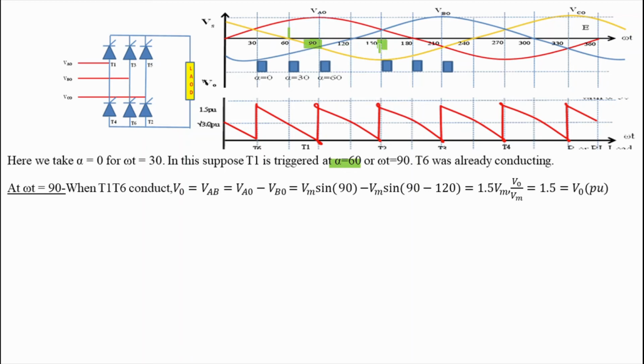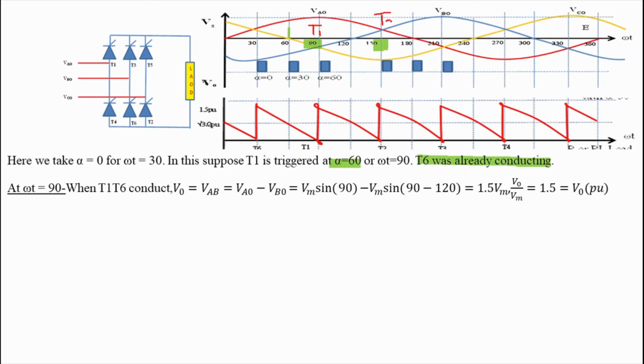So we will trigger the next thyristor at 150 degree. Now T6 was already conducting, it is assumed. So when we trigger thyristor T1 at omega t is equal to 90 degree, here we will trigger the thyristor T1 and here the thyristor T2.